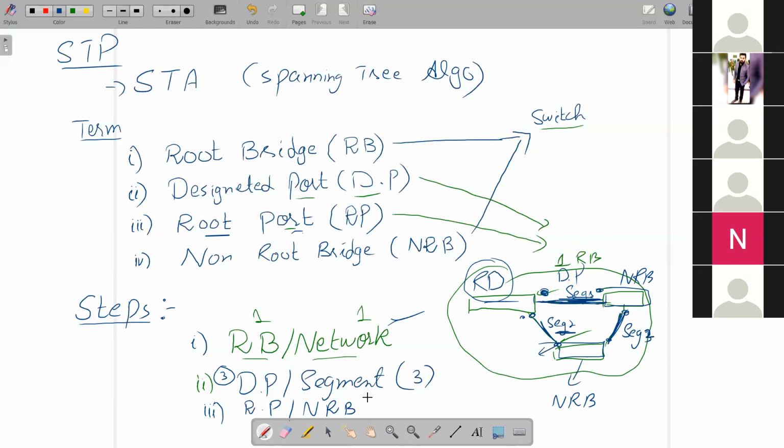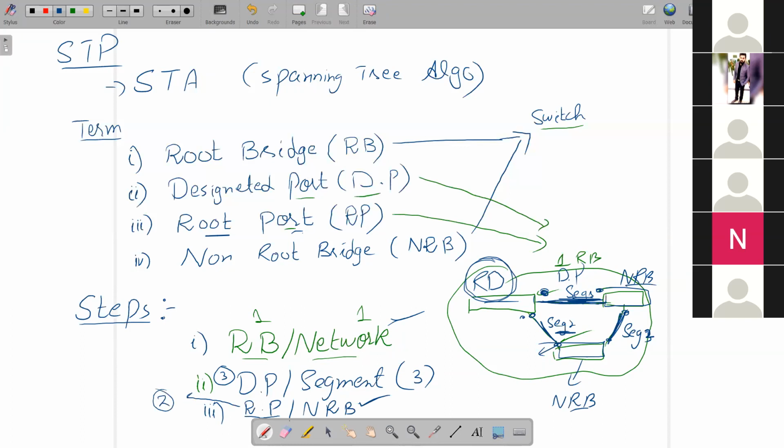So you need to figure out on the non-root bridges which ports should be elected as a root port. For example, in this complete network, how many root bridges am I having? Obviously, one switch has been elected as a root bridge. So I have left only 2 switches and both are non-root bridges. So in this network, I'm having 2 non-root bridges. That means there should be 2 root ports.